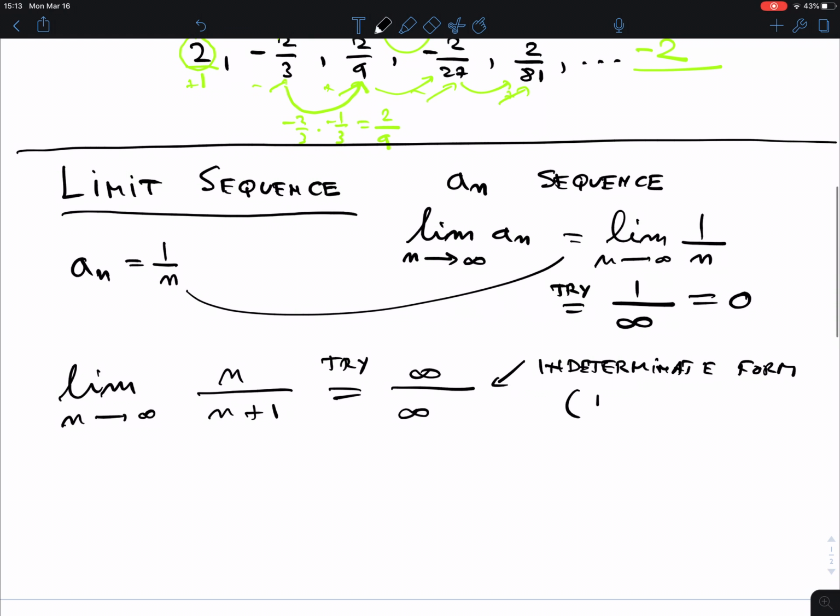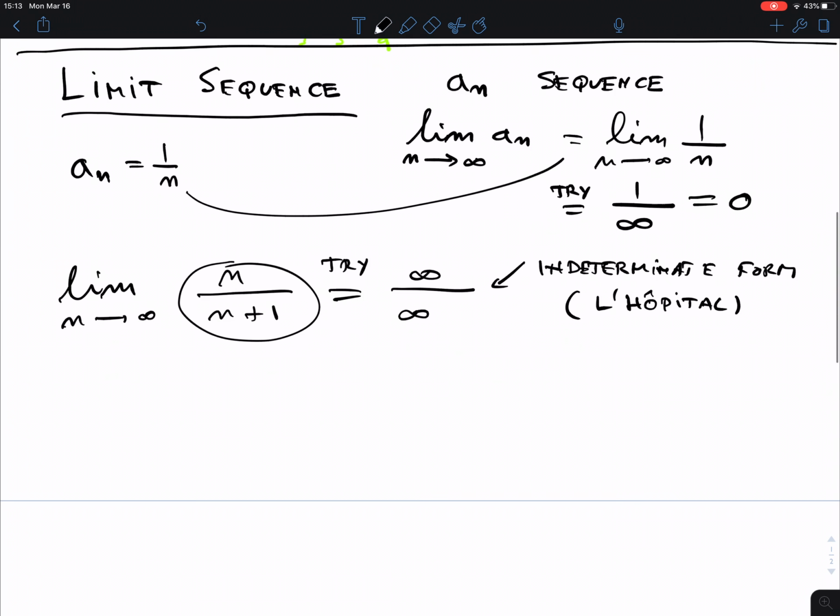One, of course, is L'Hopital, but sometimes there are better techniques for simpler functions like this. Do you remember it? If you don't remember, I'll explain it, but you try to figure it out yourself. It is dividing by the highest degree term.